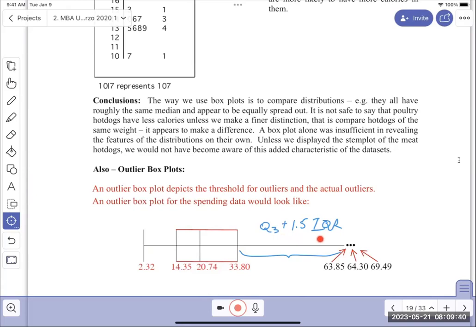We know the IQR is 50% of the observations, because this is 25 and that's 25. But with the 1.5, we don't really know how many are in here. But we know all the way to the end is 25%. Did that answer your question? Did I confuse you more? Thank you. Yes. Okay.